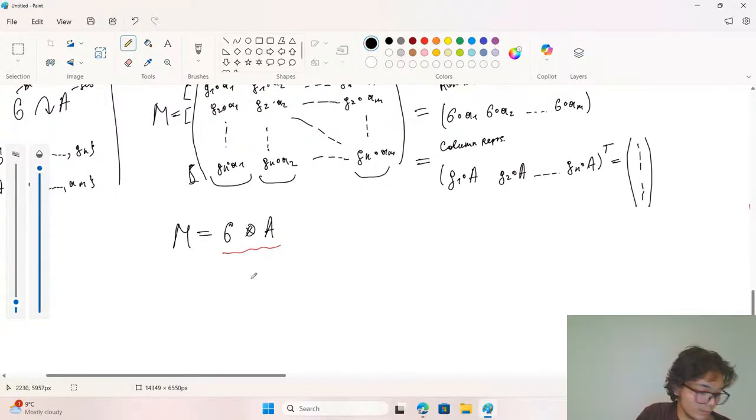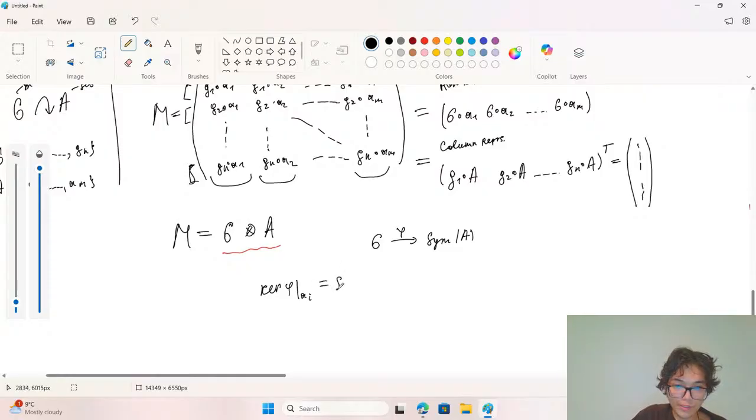When we consider the action, we consider the homomorphism phi to the symmetry group of set A. I consider the kernel of phi, for one particular element Ai, as all the g in group G such that this g keeps Ai fixed, for the particular Ai in A that we're considering, not for any, of course.